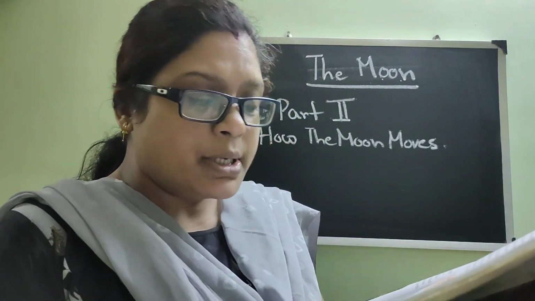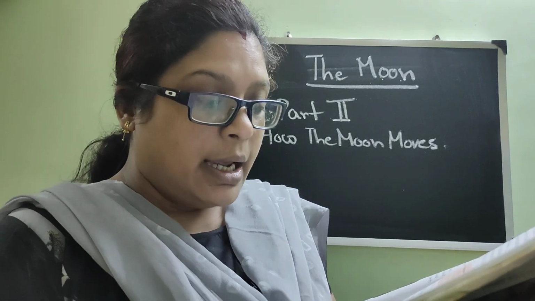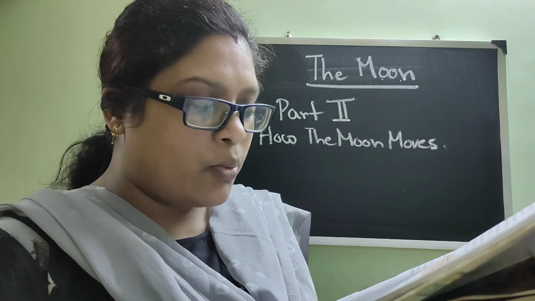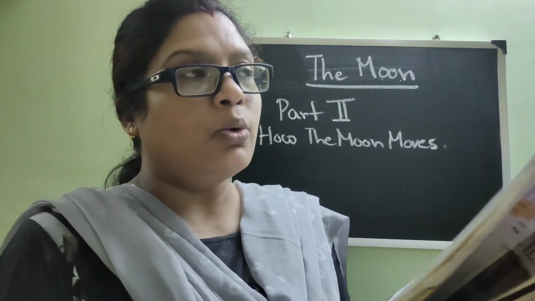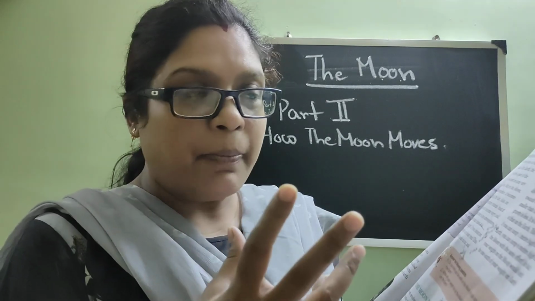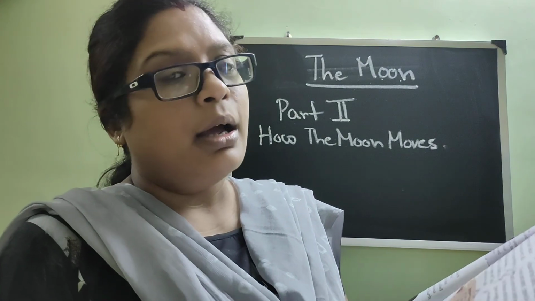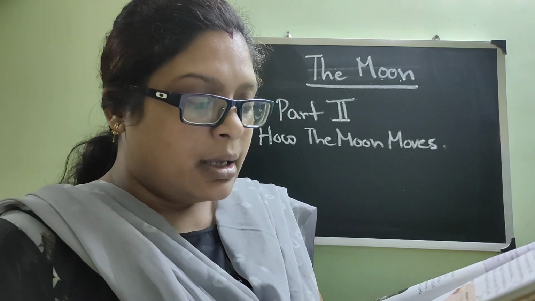The moon revolves around the earth in the same way the earth revolves around the sun. It takes around 28 days, or nearly a month, to complete one revolution around the earth. As we know, the sun is fixed in a place and the earth rotates on its orbit in 365 days, isn't it?